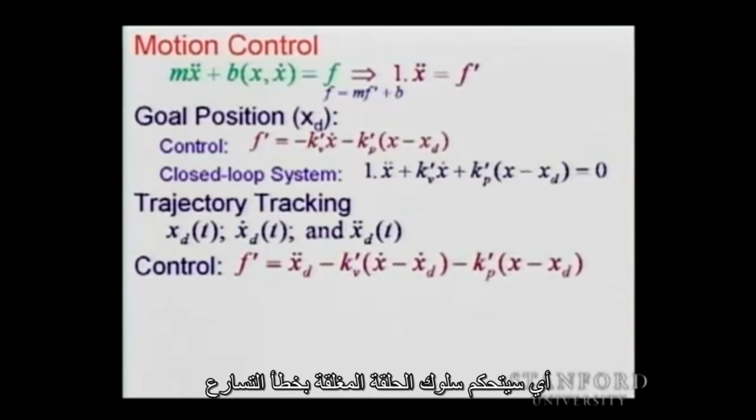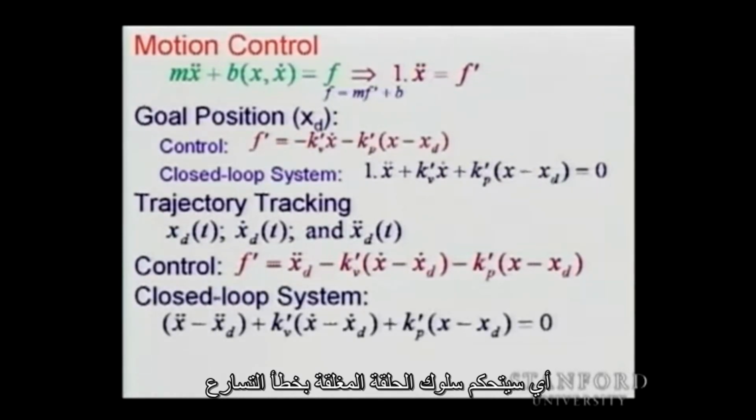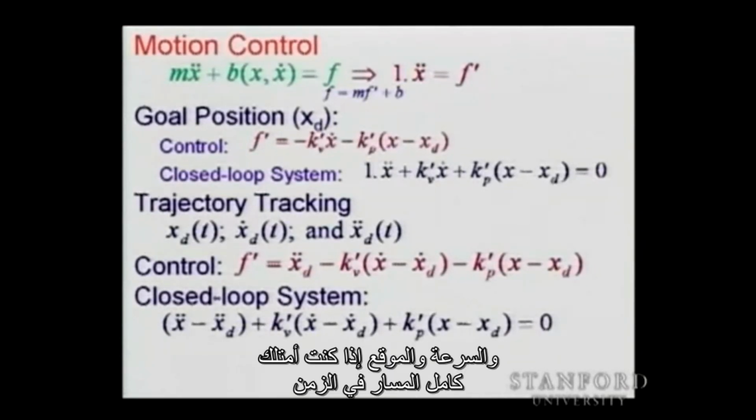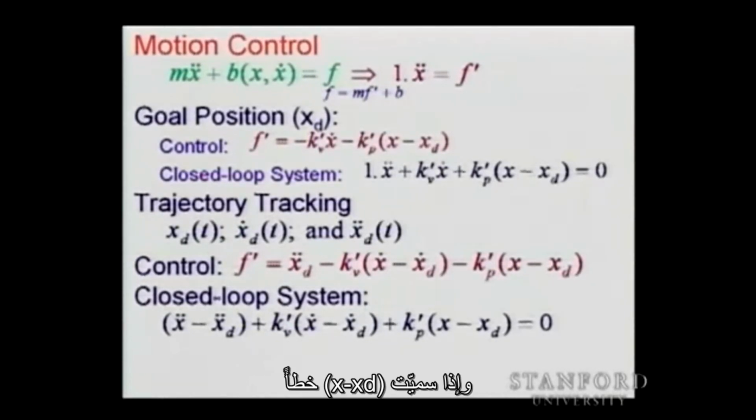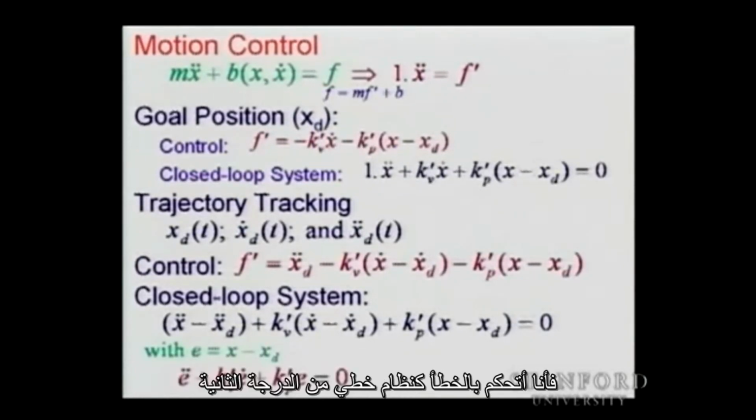So the closed loop behavior of this is going to be controlling the error in acceleration, in velocity, and in position, if I have the full trajectory in time. If I call x minus x desired the error, then I'm really controlling the error as a second order linear system. All right?